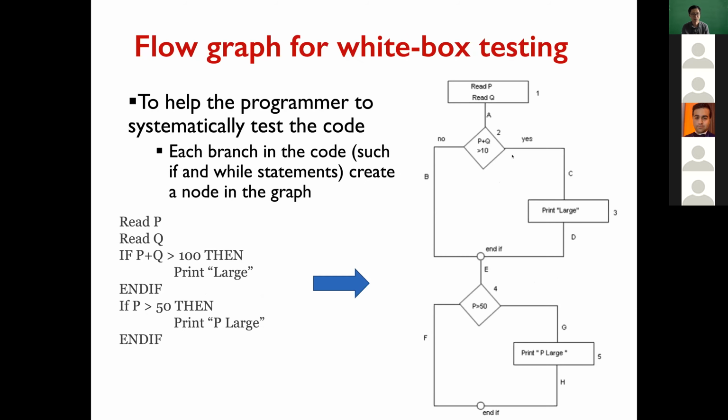Let's look at this example. Here, you look at the code on the left, and also the figure on the right, which is an illustration of the code, the flow graph of the code, right?